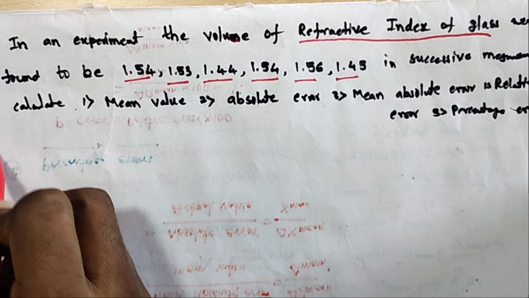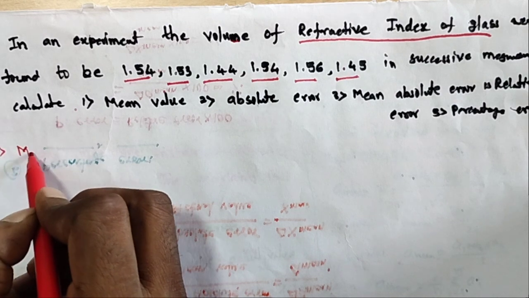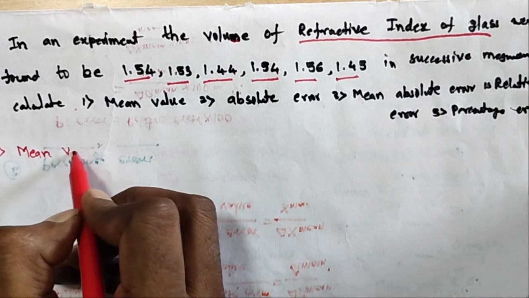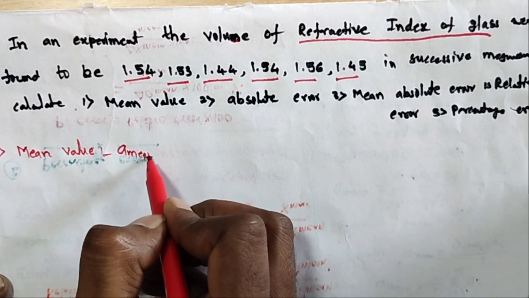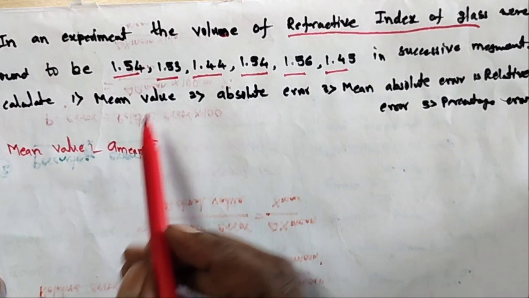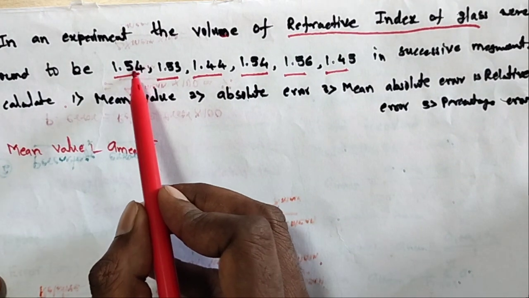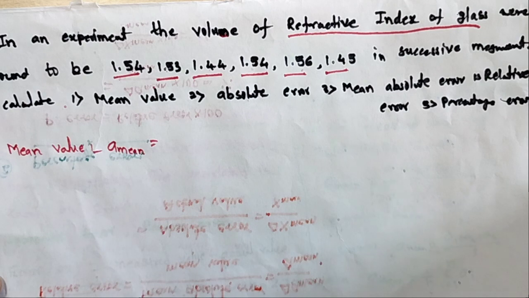First, I calculate the mean value, a mean. How many measurements are there? 1, 2, 3, 4, 5, 6 measurements.